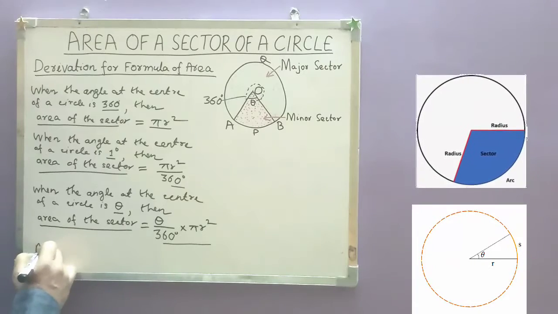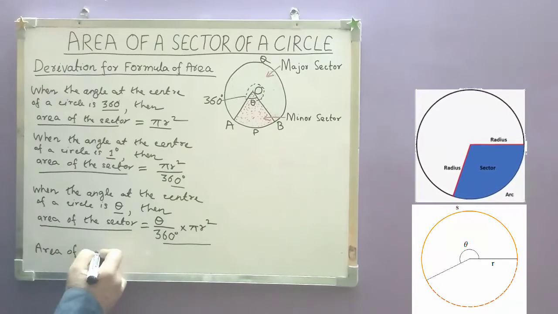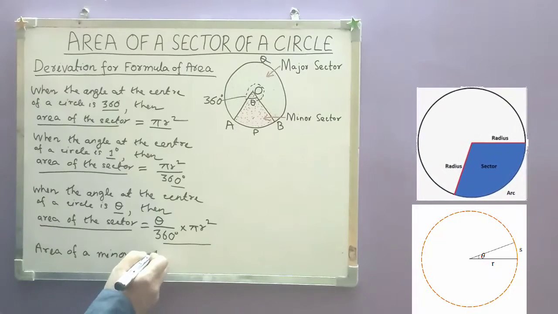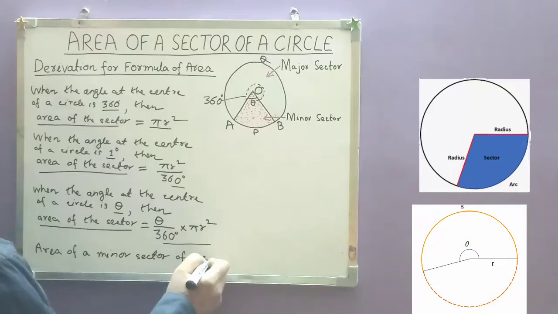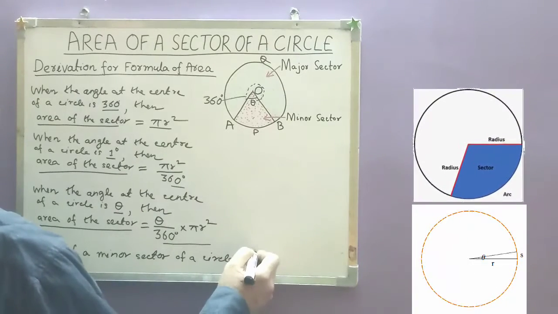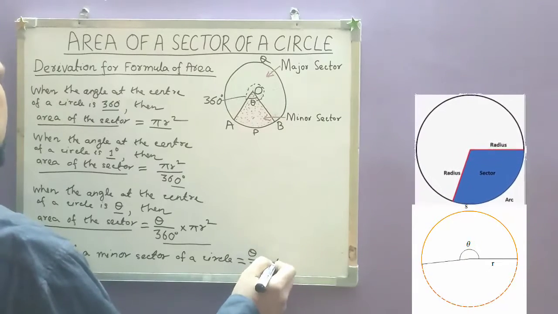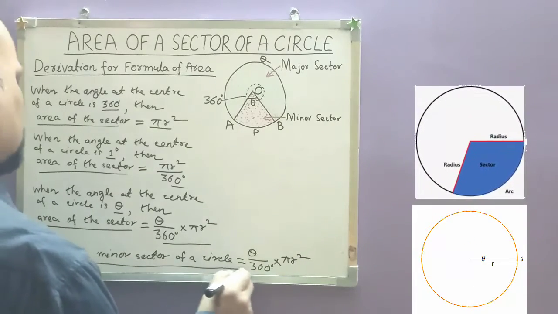Hence, the formula for the area of a minor sector of a circle of angle theta is equal to theta upon 360 multiplied by pi r square.